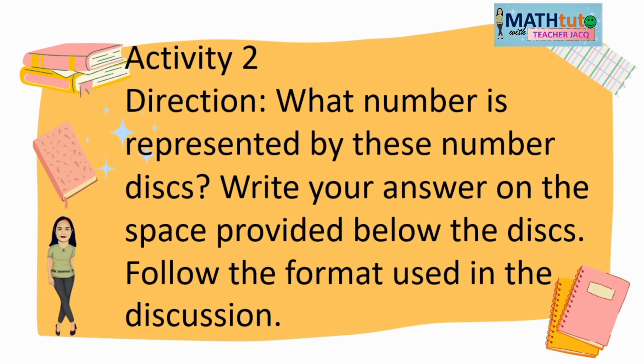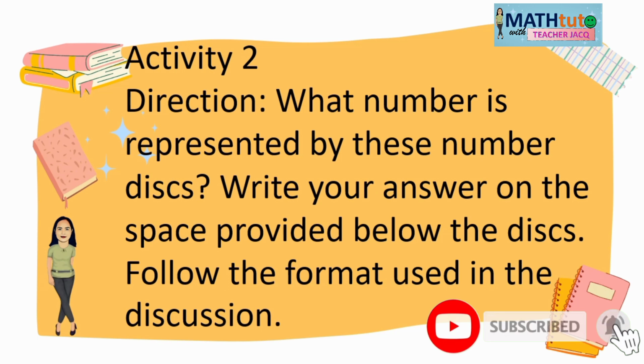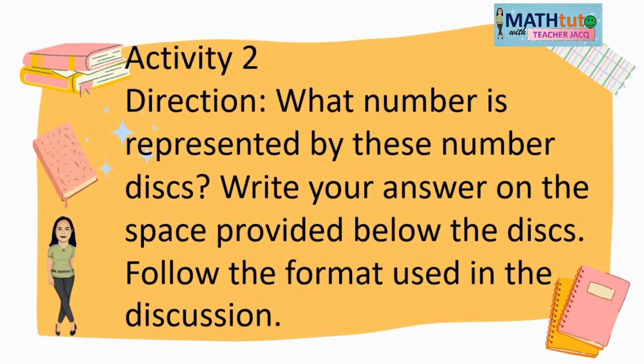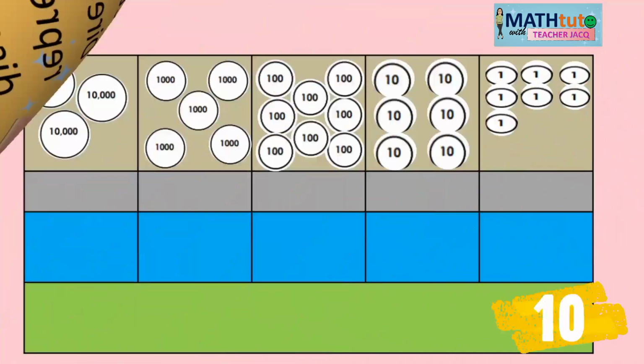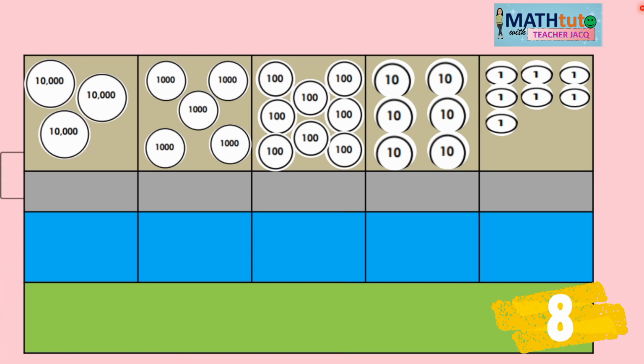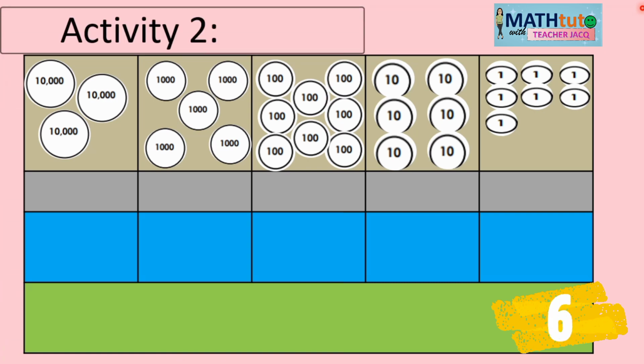For activity number 2, what number is represented by this number disk? Write your answer on the space provided below the disk. Follow the format used in the discussion. Are you done? Okay, let us check your answers.